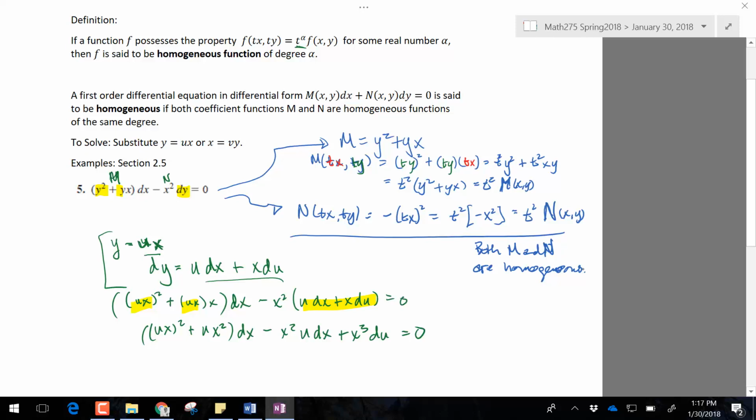If they're different degrees, then this whole technique that begins here, this is the actual technique now, you can't do it. Correct. So they have to be both homogeneous, and if they're not, then you have to do something else because this technique isn't going to work. Yes.